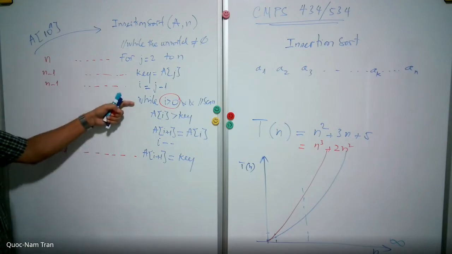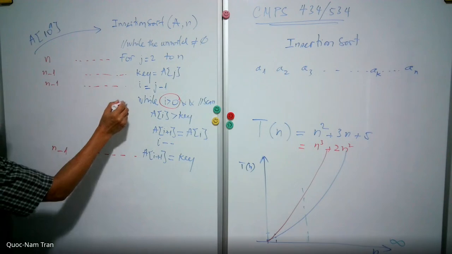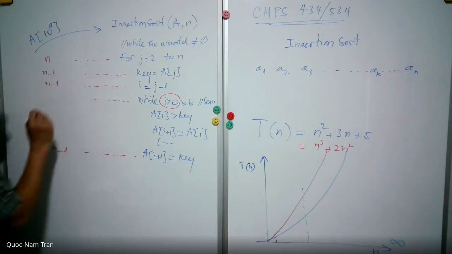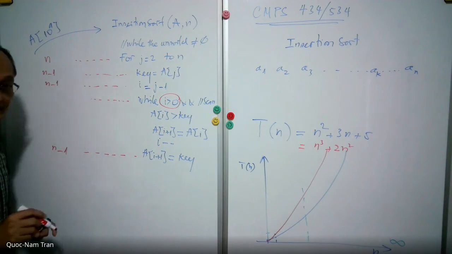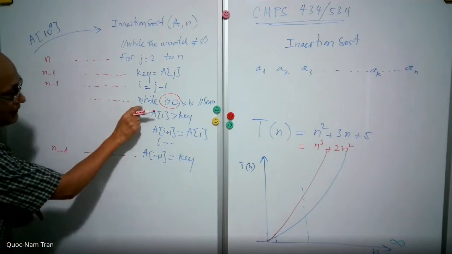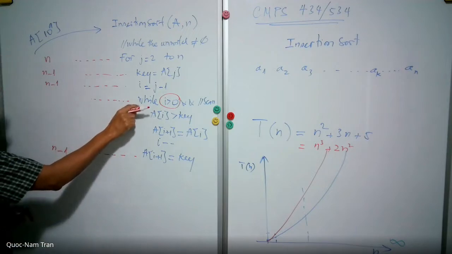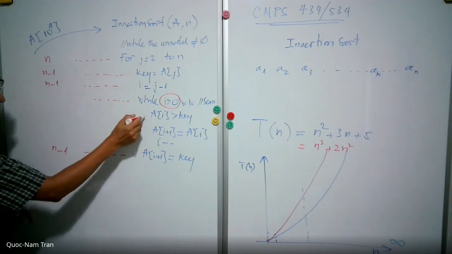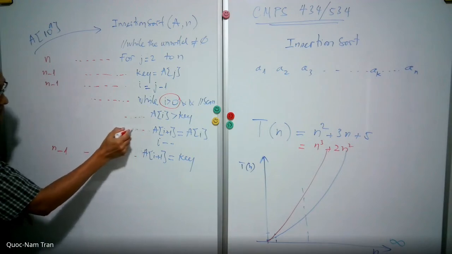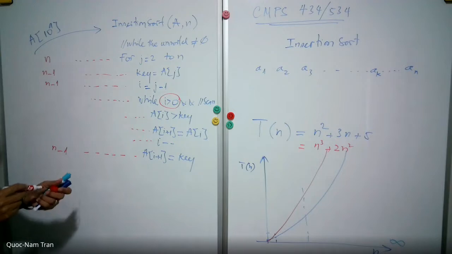So now, last time I asked you to check by yourself at home how many steps we have for this statement. How many steps do we have for this statement? How many steps do we have for this? Okay? Did you do it?